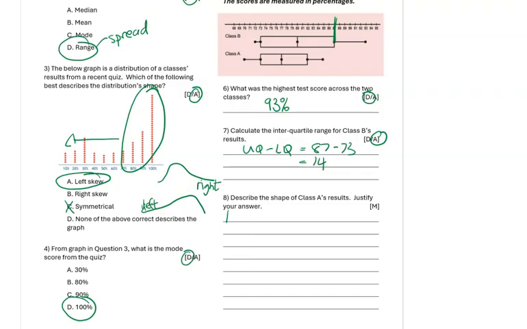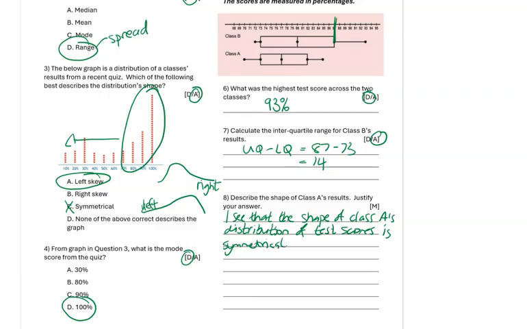So I see that the shape of class B, or class A rather, class A's distribution of test scores is symmetrical.